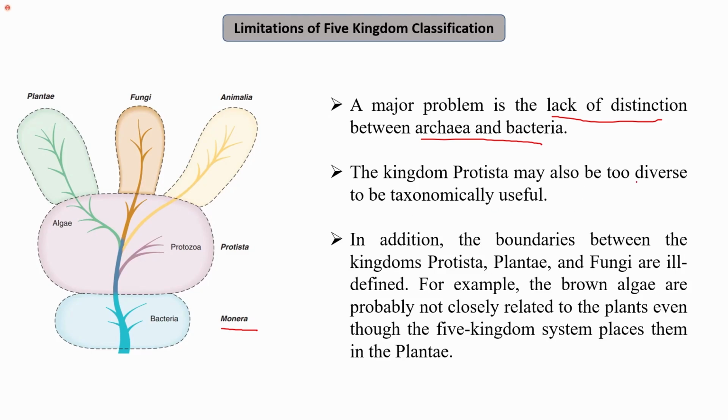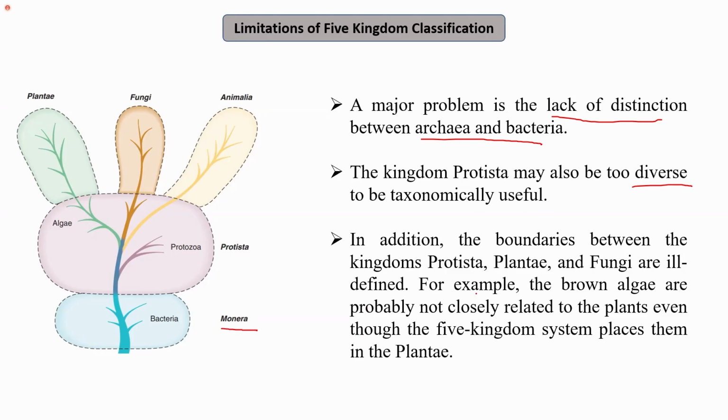The kingdom Protista was very diverse, based on nutrition also, because in the last lecture we understood that the organisms that belong to kingdom Protista were both autotrophic as well as heterotrophic. So very diverse kinds of organisms were included in the same kingdom. So this is also one of the limitations.